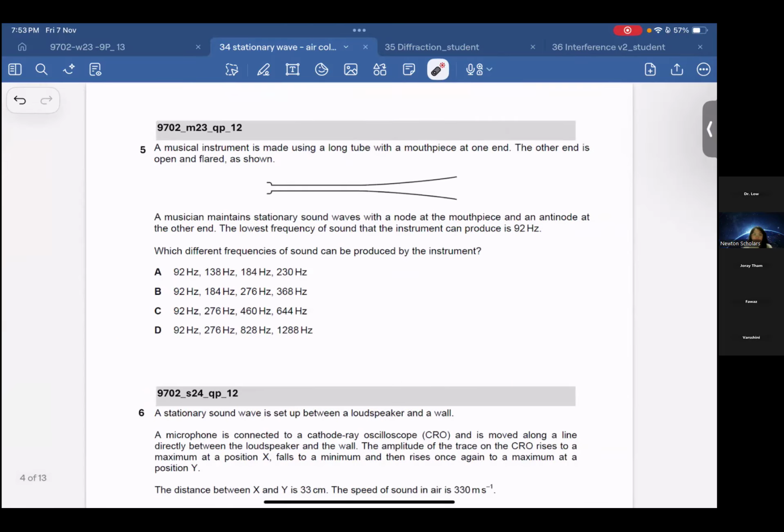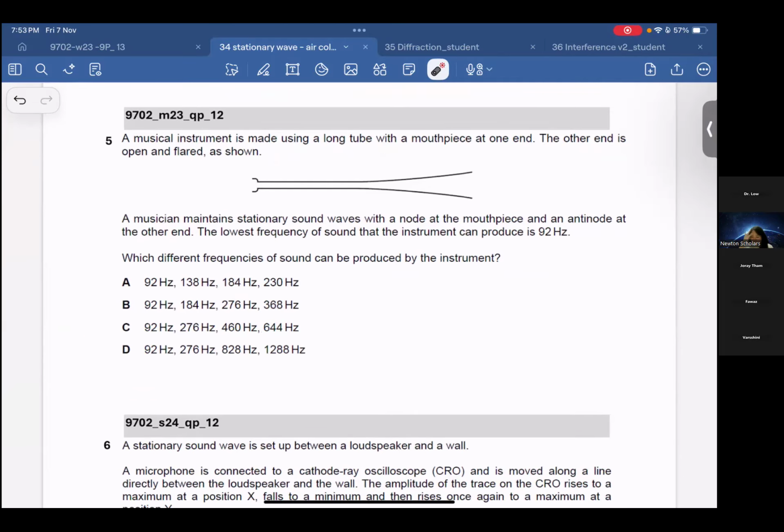Yes, okay, thank you. Okay, this question I saw before, a few times. Here is a long tube. The other end is open. Another end is your mouthpiece here, closed. So one end open, one end closed. Not at the mouthpiece, this one is closed.